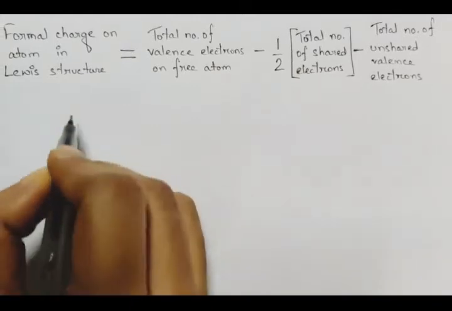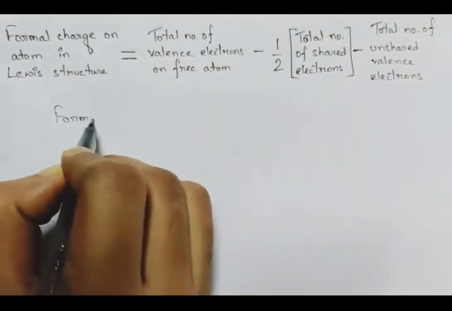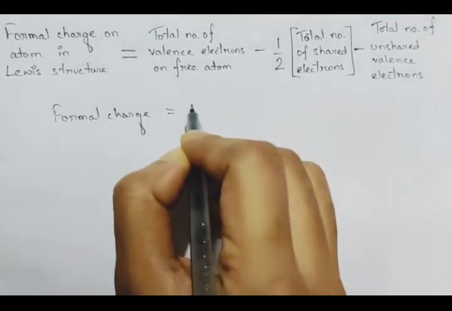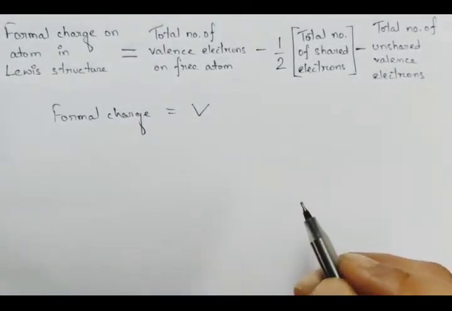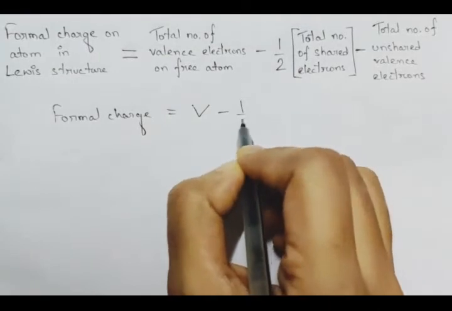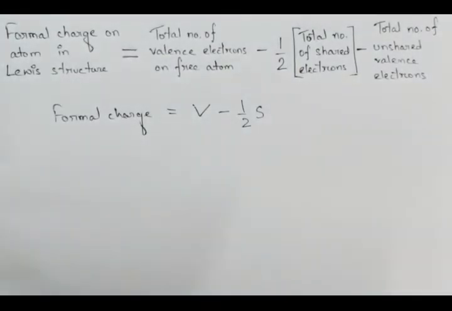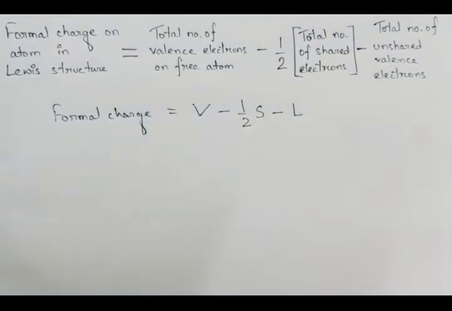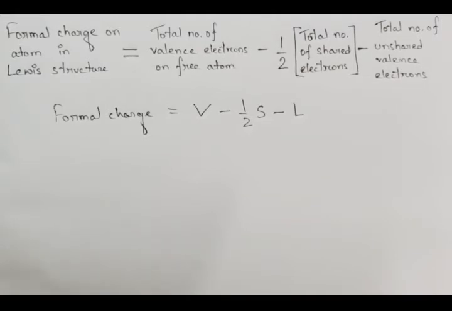So simply we can say that formal charge is equal to number of valence electrons minus half of number of shared electrons minus number of lone pair electrons. Clear? Now let me show you how this formal charge is calculated on the oxygen atoms of ozone.